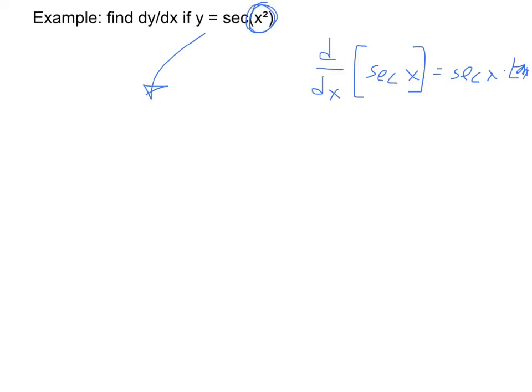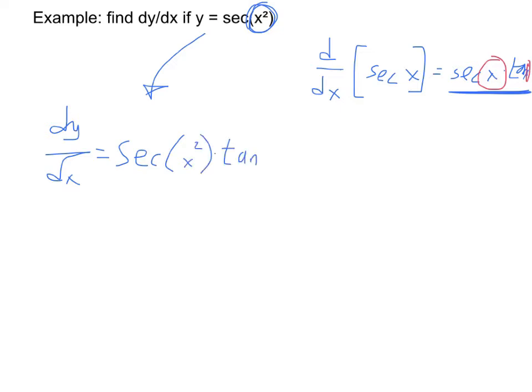I'm going to take this derivative by saying, okay, dy dx will be, follow this rule. This rule says it's supposed to be the secant of whatever was inside times the tangent of whatever was inside. So this will be secant of x squared times tangent of x squared. And then the chain rule tells us that we multiply by the derivative of that thing that was inside, which is 2x.